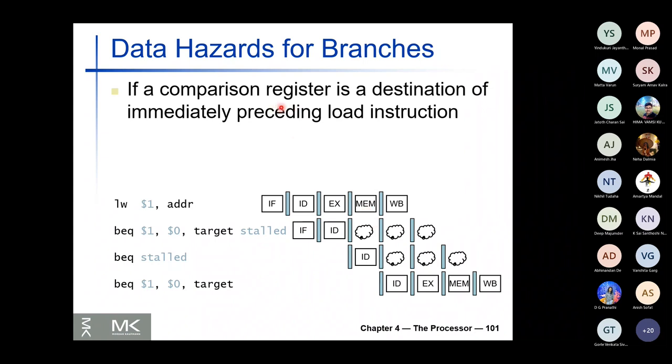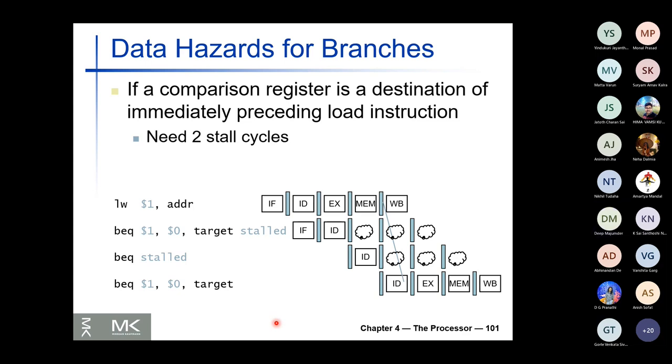So if this comparison register is the destination of the immediately preceding load instruction, then you need 2 stalls, even with forwarding. Isn't it?